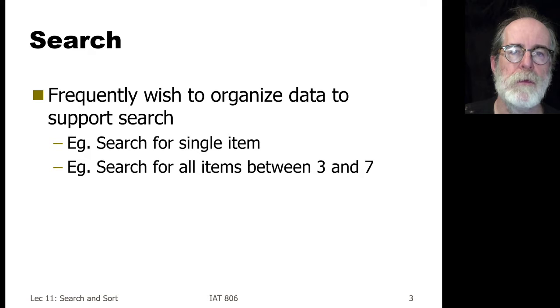The typical tasks you'll be interested in are things like searching for a single item. You've got a particular name and you want to find it in the data set. Another variation is to search items within a range. Both of these require that you locate the item or the suite of items in that range, and they both require searching.